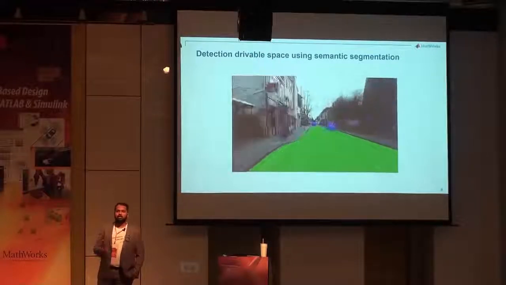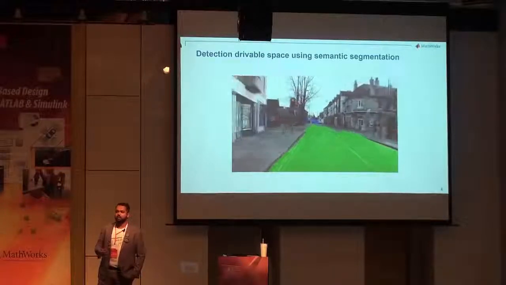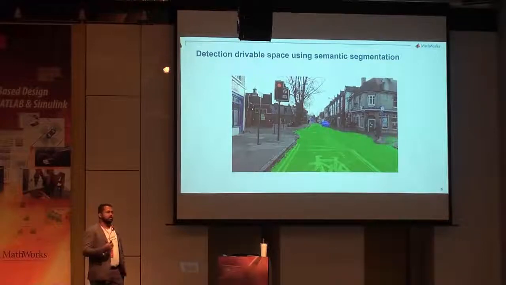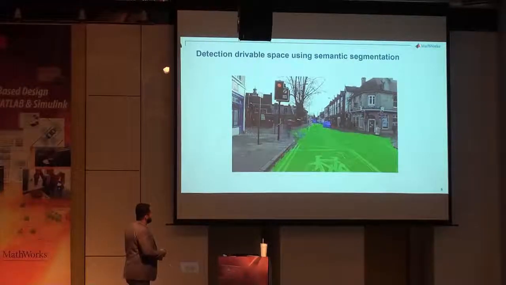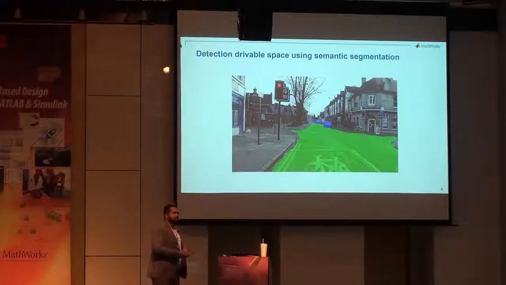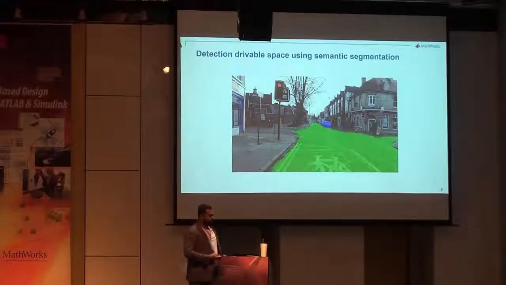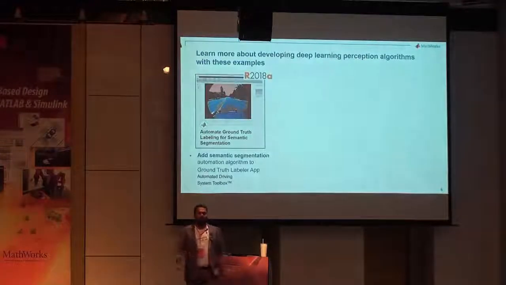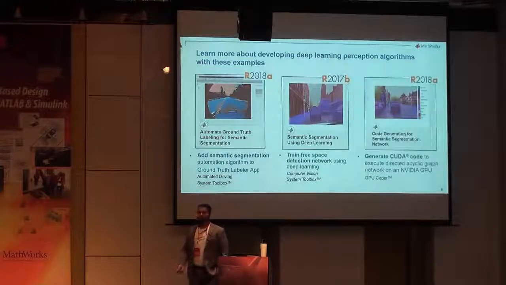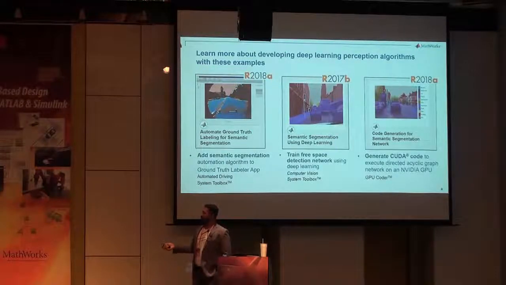Those are the key factors. Also pedestrians and other objects too. So how do you train a machine to learn and understand those objects? That's the deep learning part, which is available. There are many examples within our tools. You can learn more about it, and I'm pointing out a few examples here.